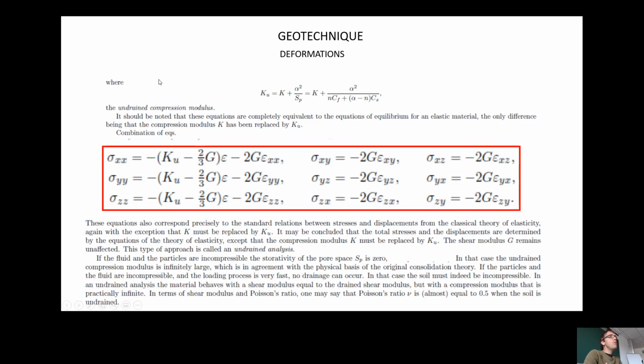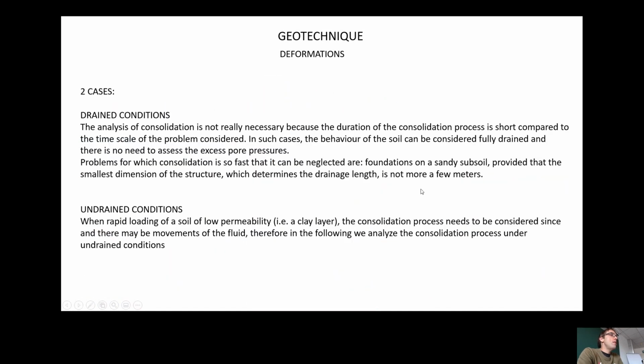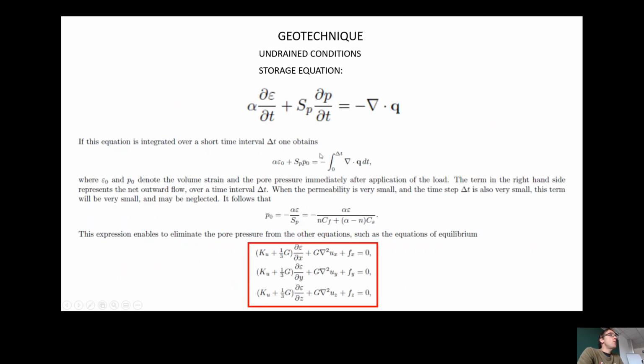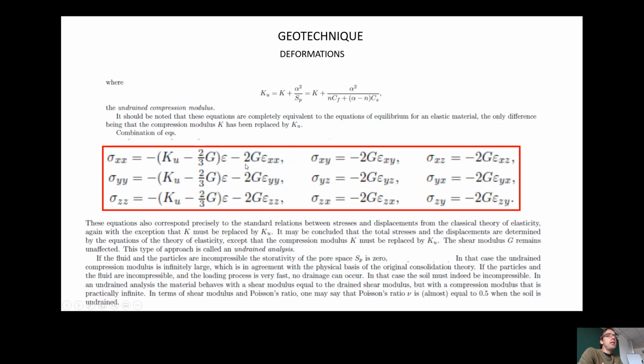So if you remember that Ku is K plus this value, alpha squared ratio SP, these expressions are extremely common for you, the ones that you already used in your structural engineering courses.